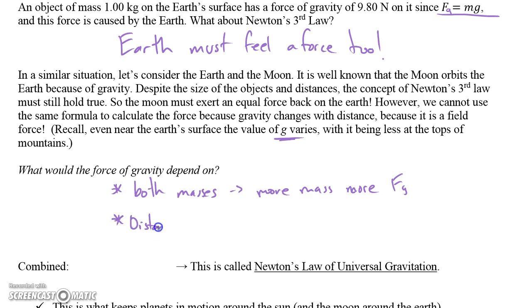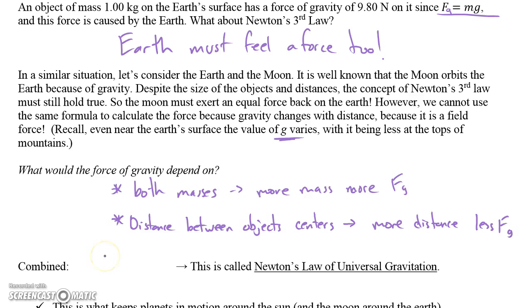So the distance between the objects' centers matters. It's not just the surface of the objects, but the objects' centers, such that if we have more distance, we get farther away, just as we did going up to the top of Mount Everest, and we get less Fg. So our relationship there is inverse instead of direct.